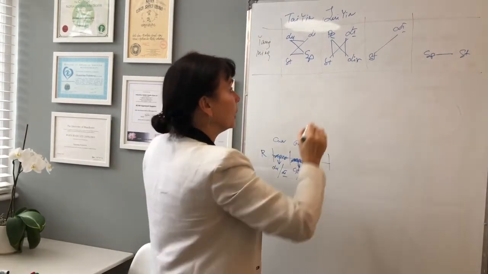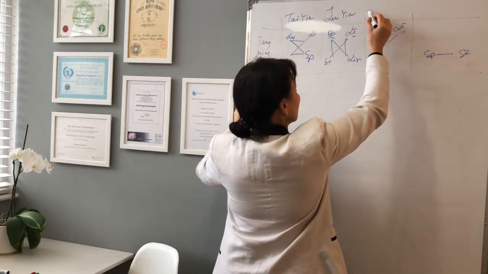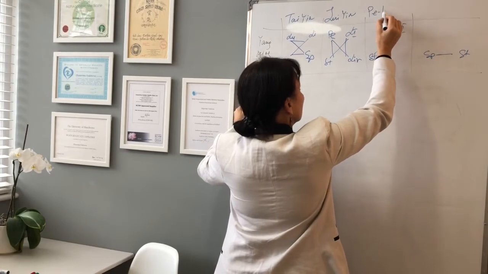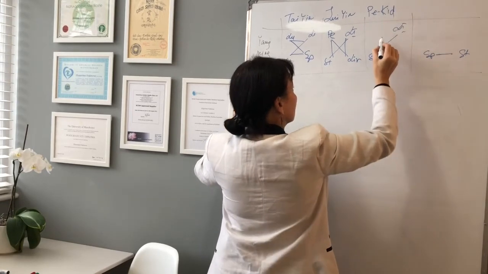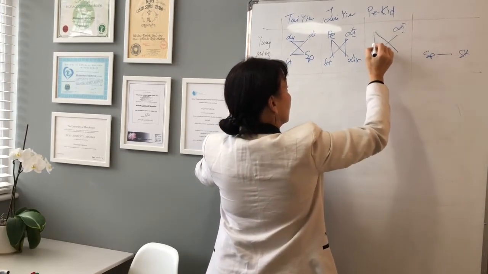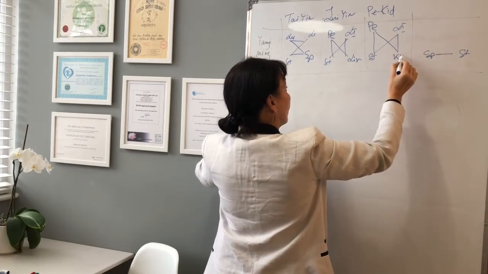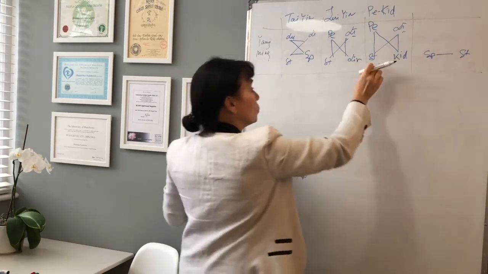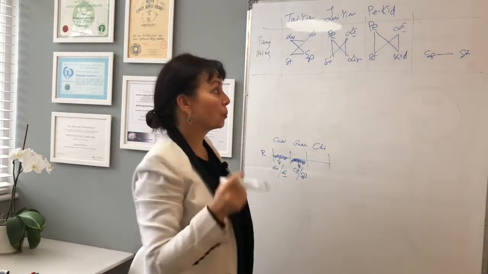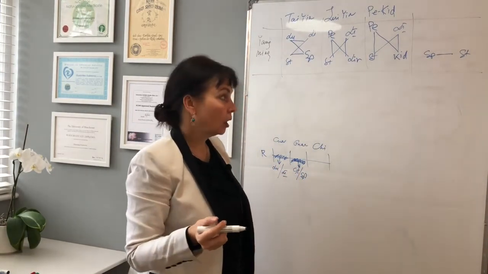Or it can be pericardium, kidney, Yang Ming, which is here. We also call it 4 magic meridians of Dr. Tan.